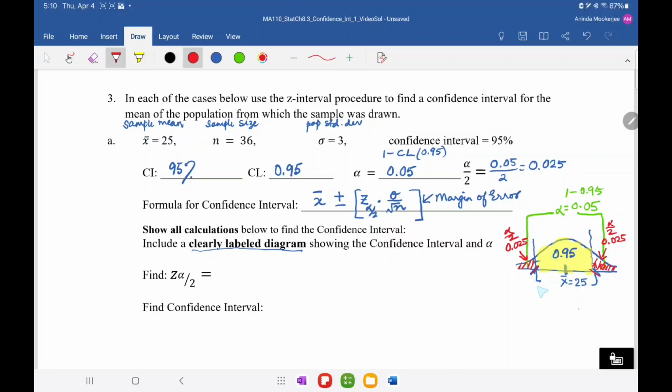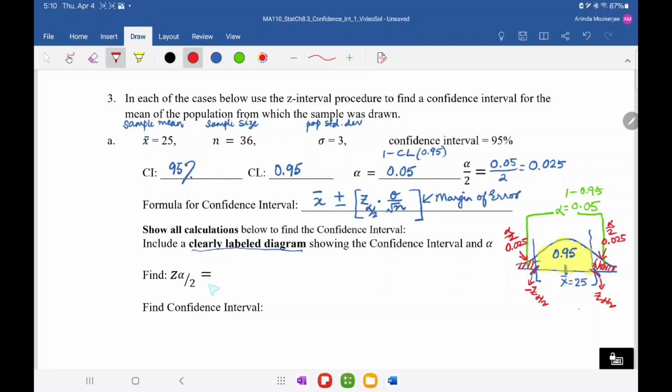I'm going to mark the end points of the interval as minus z of alpha by 2, and this endpoint here, and then another endpoint as positive z of alpha by 2. These are going to be the two endpoints. So now that we have a figure with us, the next step in the question says find z of alpha by 2.